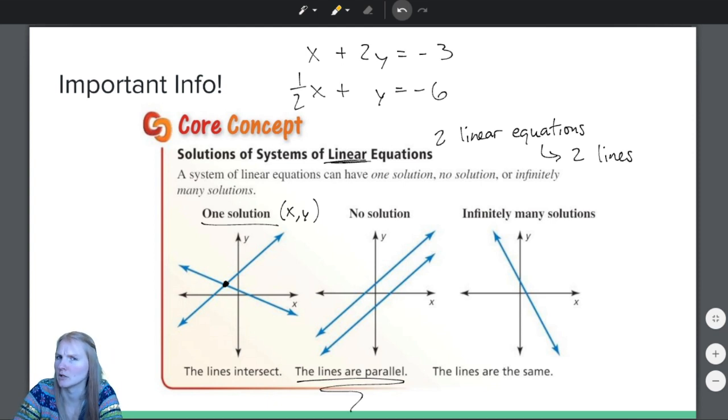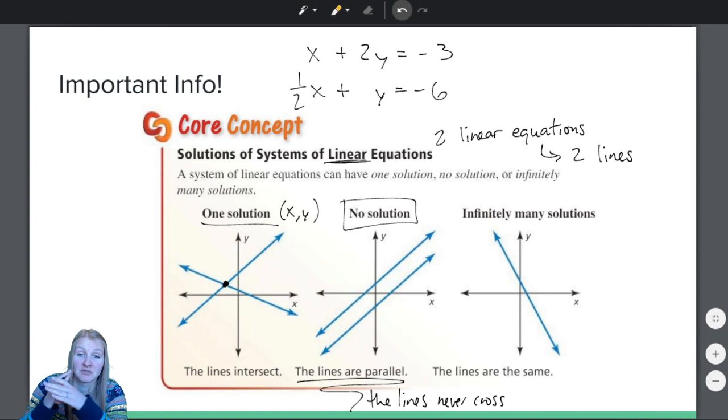Do parallel lines cross? Remember back to section 4.3, parallel lines don't cross, they never intersect. So then there would be no solutions because the lines never cross. The point where they cross is the solution, so there can be no solution if they don't cross.